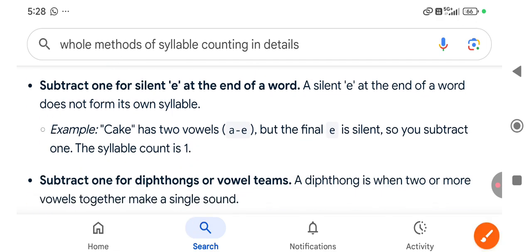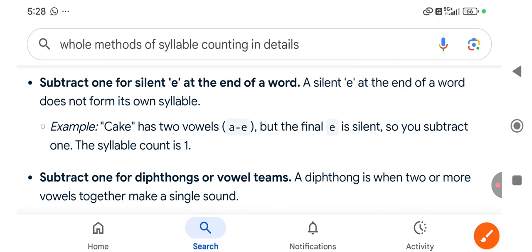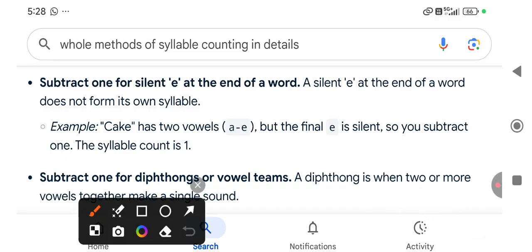The first rule is to subtract for silent e. Silent e at the end of the word: though in spelling e is used, that e is mute, it is not pronounced. That is the silent e. So what's the rule for silent e?